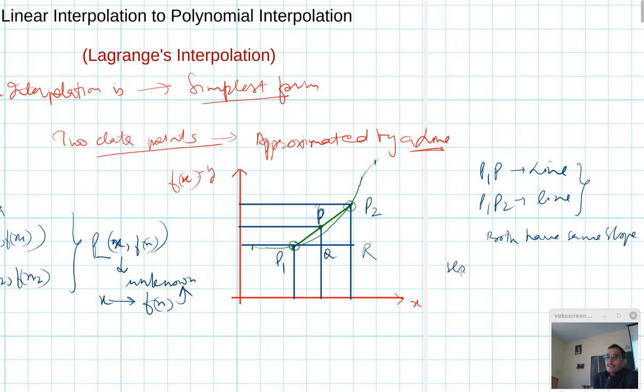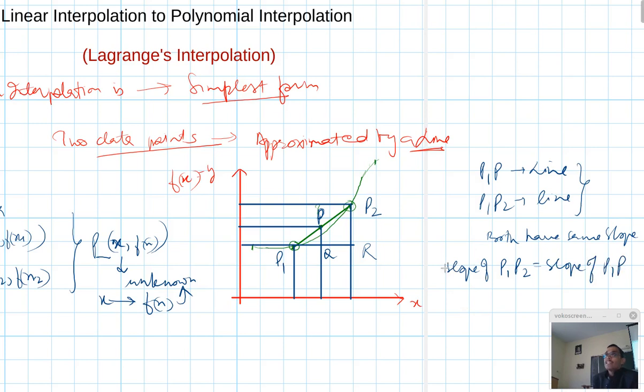Means slope of P1P2 must be equal to the slope of line P1P. Slope of line P1P, both are having the same slope.